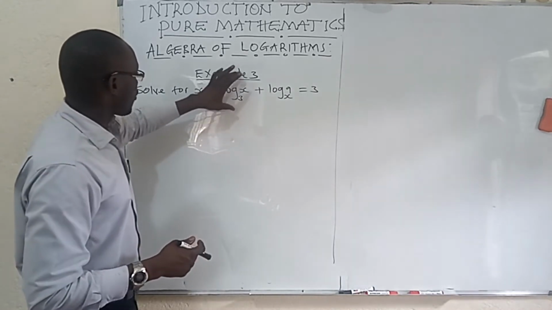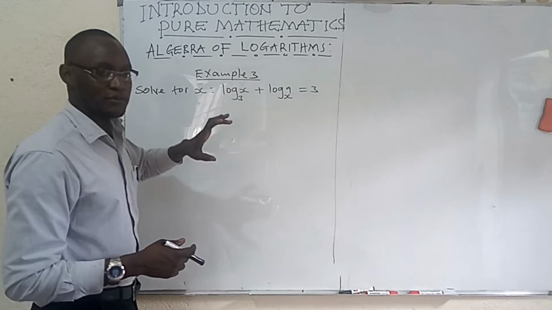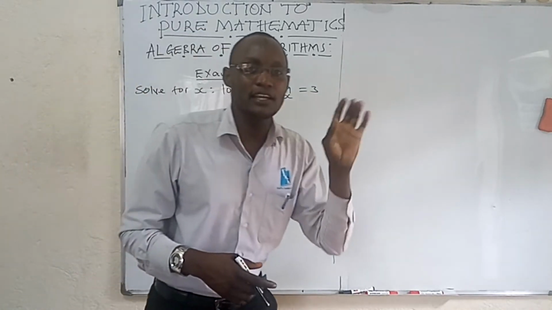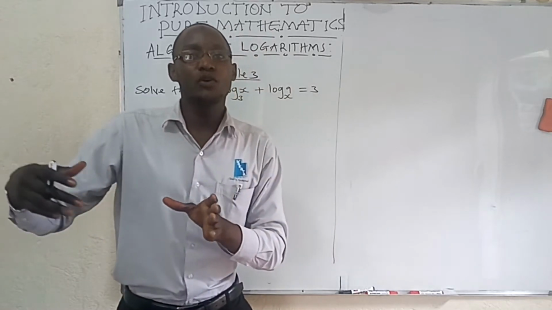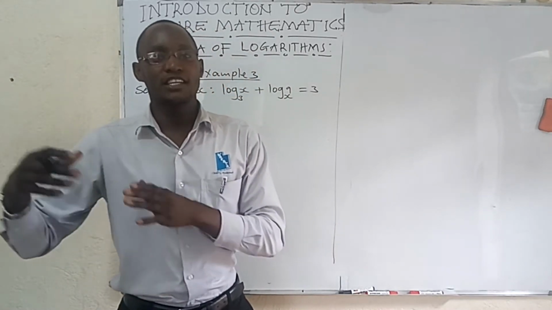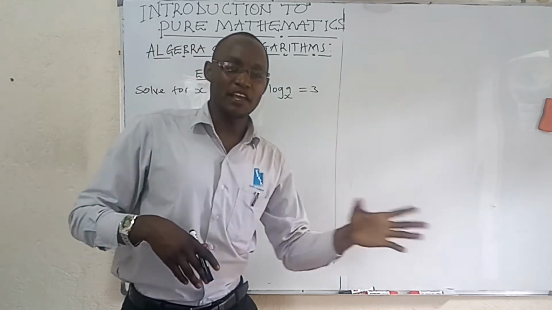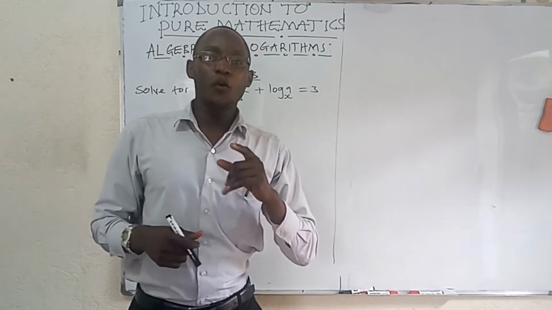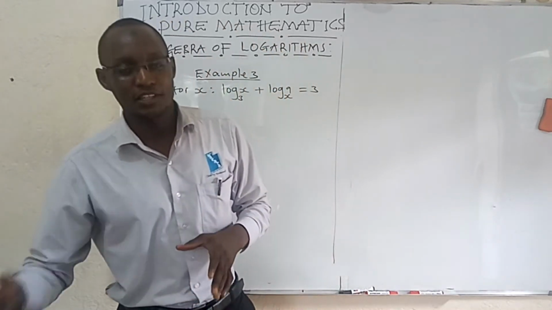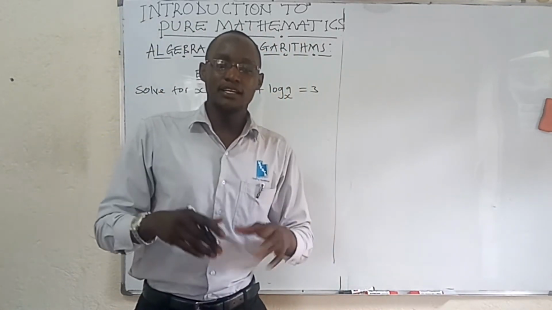Now, in equations of logarithms, in most cases, the hidden technique inside them is that they bring out a quadratic equation after changing the base. So you should know how to solve quadratic equations by factorization. That is the hidden knowledge.